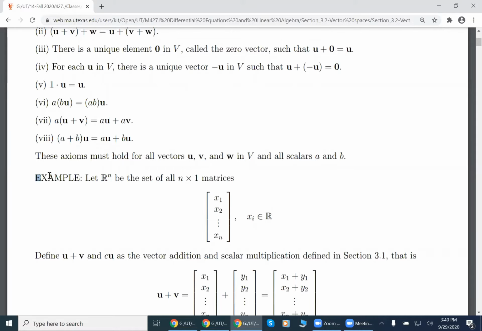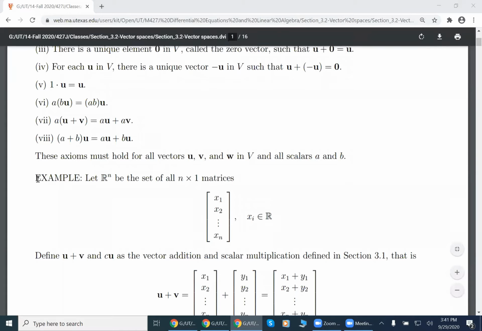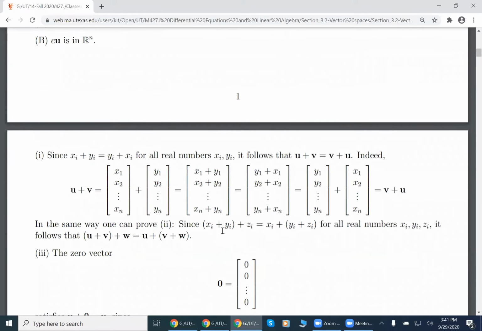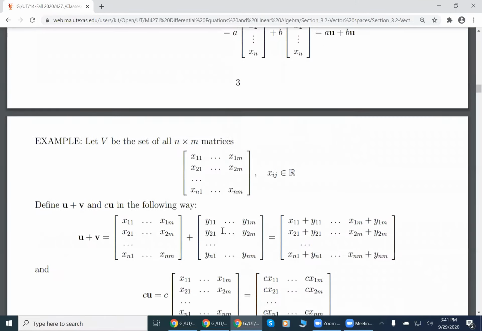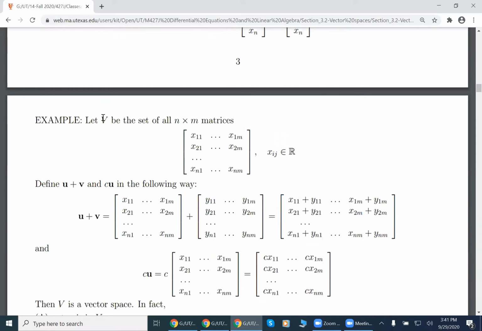Let us generalize example number 1. In example number 1, we are talking about matrix columns. In this example, we have the set of all n by m matrices.